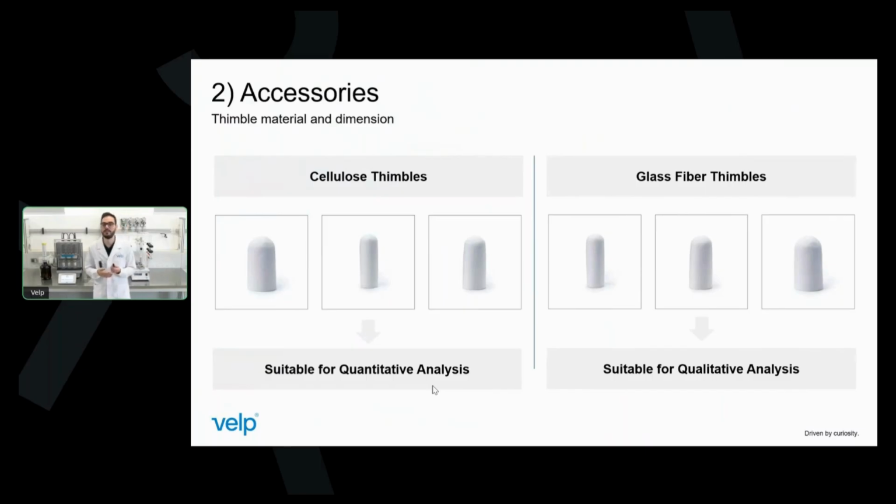On the other side, the glass fiber thimbles can be used for qualitative analysis. As Mattia told you before, this analysis is different because it involves further techniques after the extraction. So this analysis is just a preparation for the further analysis.